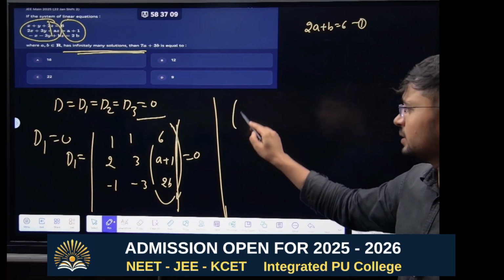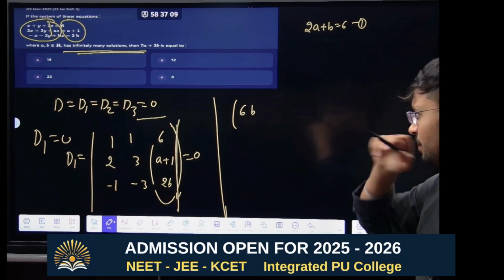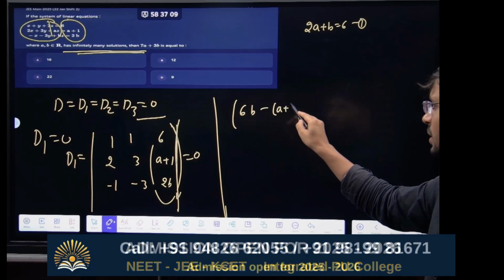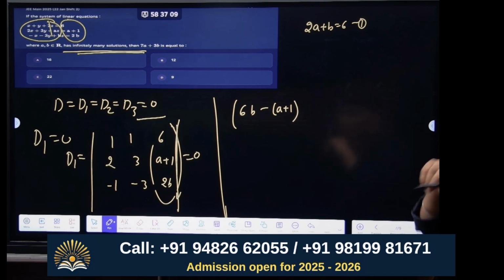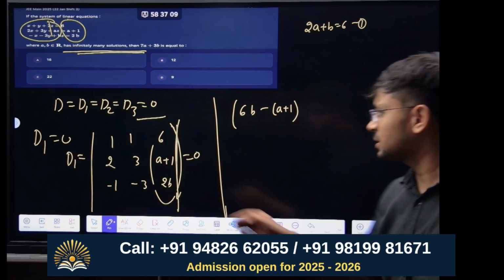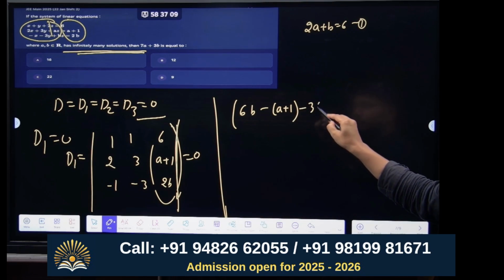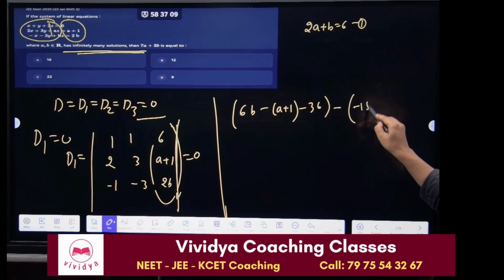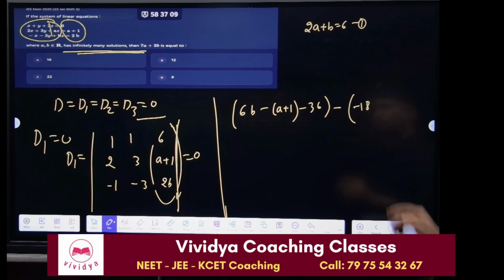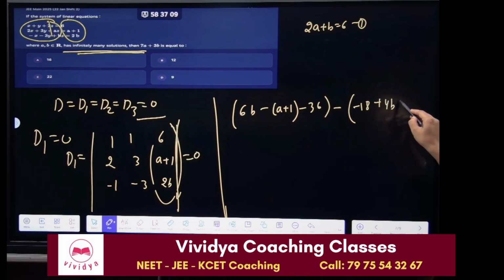If you solve this, 6B minus A plus 1, plus 6 or minus will come because minus is there, 36 minus 6 threes are 18 into minus 1, minus 18 plus 4B minus 3 times A plus 1, and that should be equal to 0.